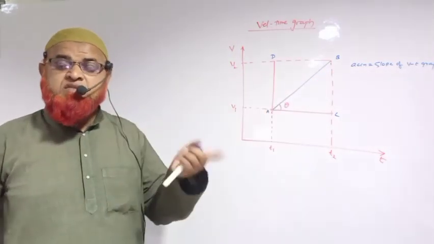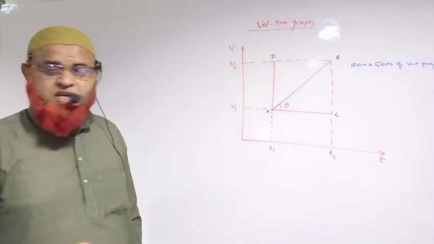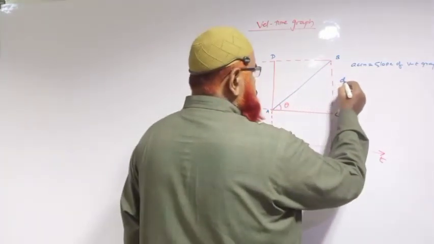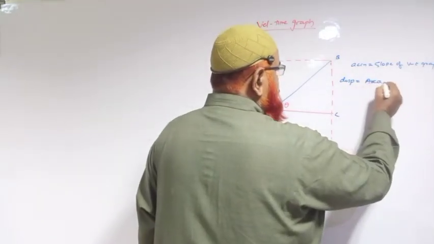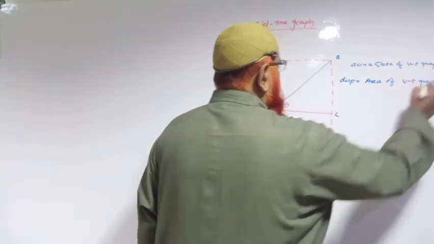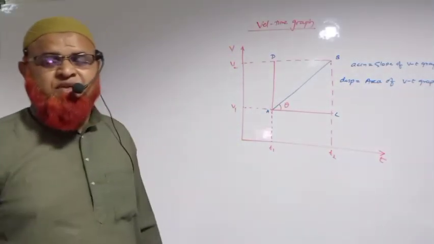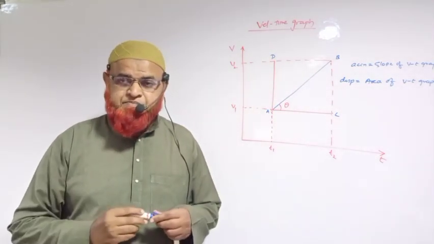The slope of the velocity time graph gives you acceleration. But if you want to find out displacement, what do you have to do? Area of the VT graph. Okay? So you have 2 things you are getting in this graph. It's a very important graph, a special graph here.